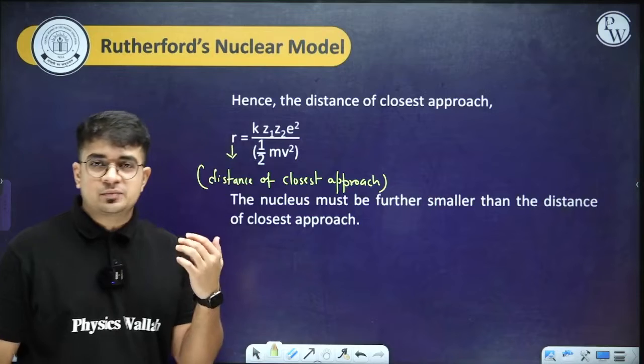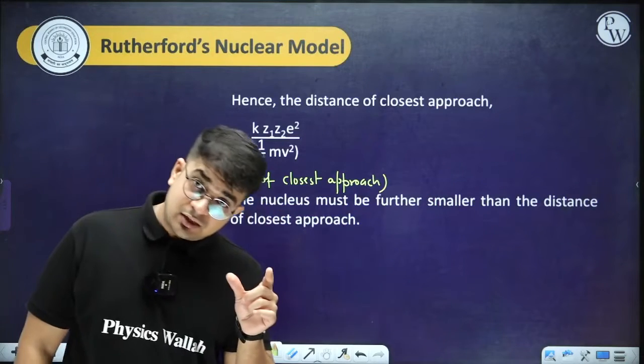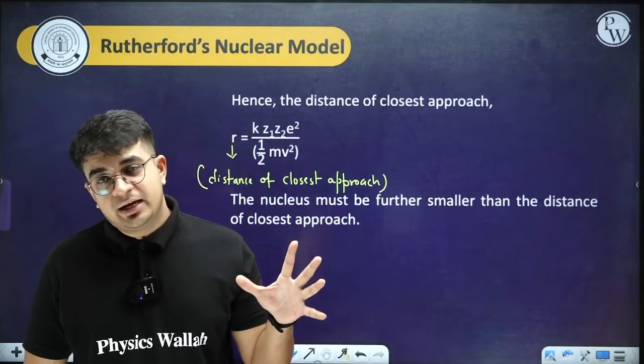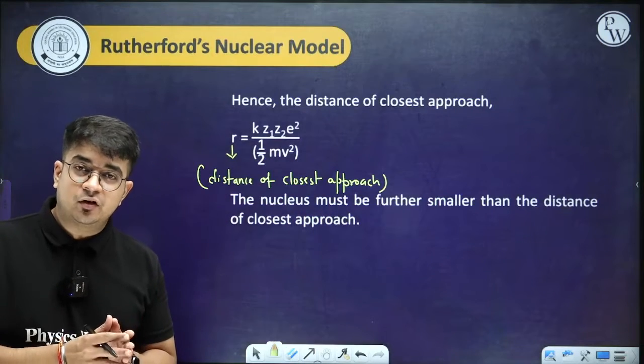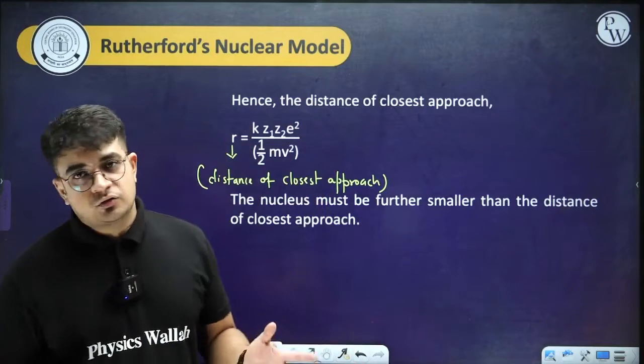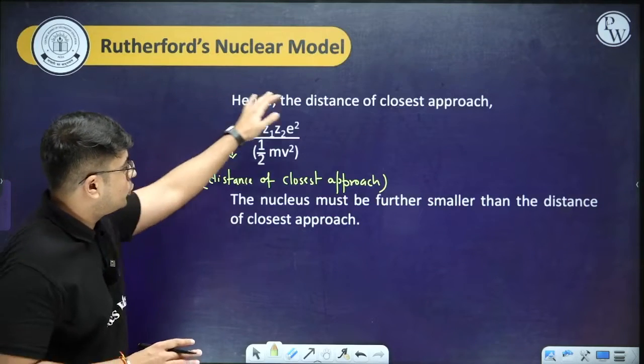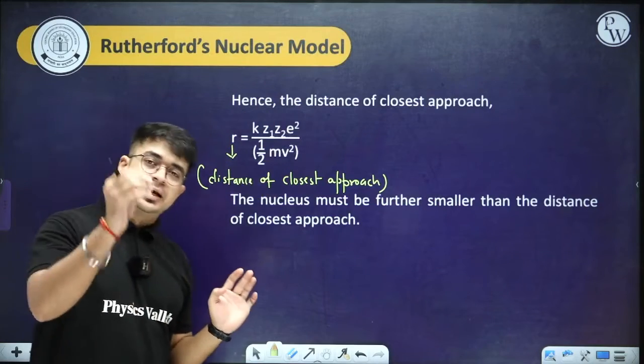If this distance were smaller than the nucleus size, it would mean the alpha particle I am bombarding is getting closer to the nucleus than its own size, which is not possible. So this approach is absolutely correct, and you just have to put each and every value in to get the final answer.